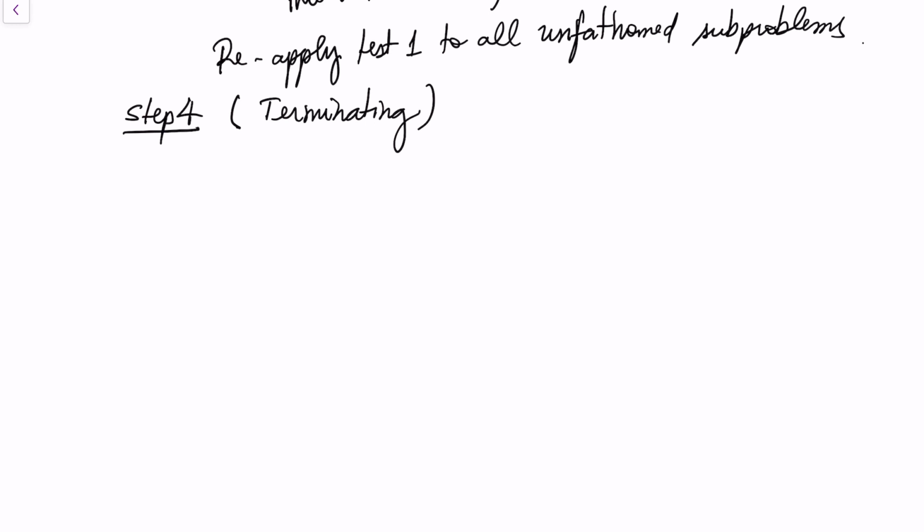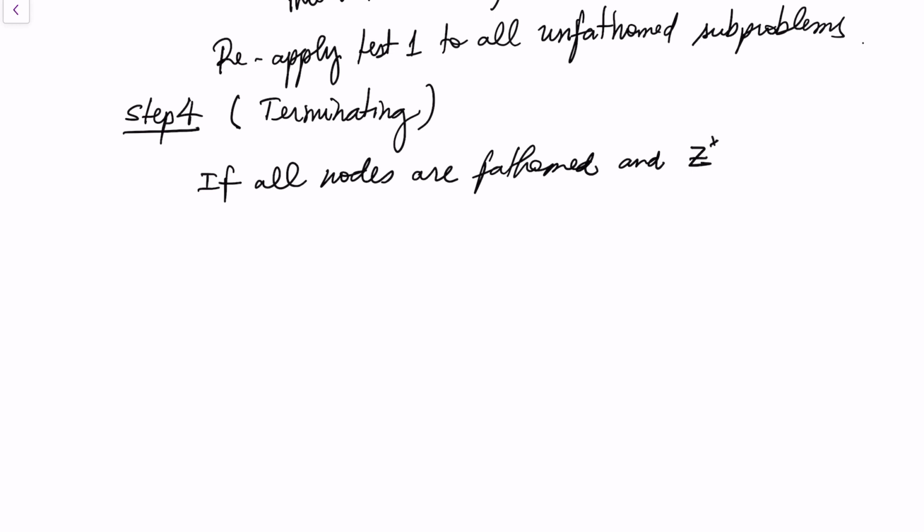So here on this step, if all the nodes that I have in my tree are fathomed and the objective function value of the IP continues to be minus infinity, we will stop and say that the integer programming, or the mixed integer programming, if we're solving mixed integer programming, is infeasible.